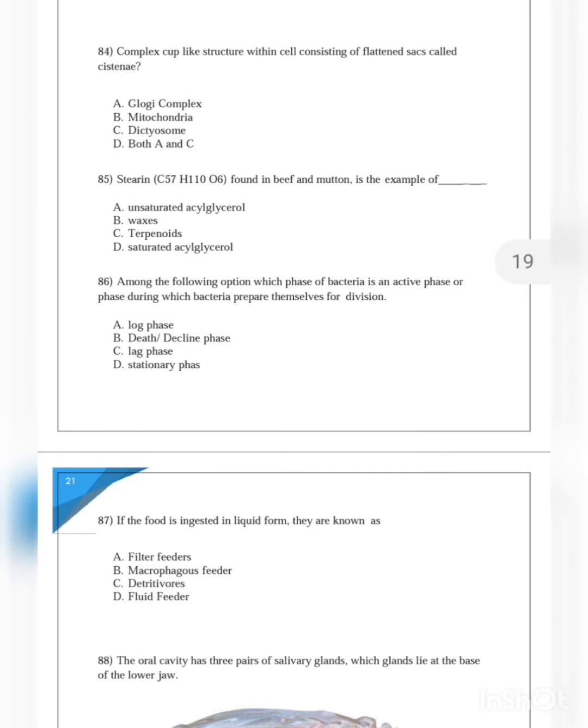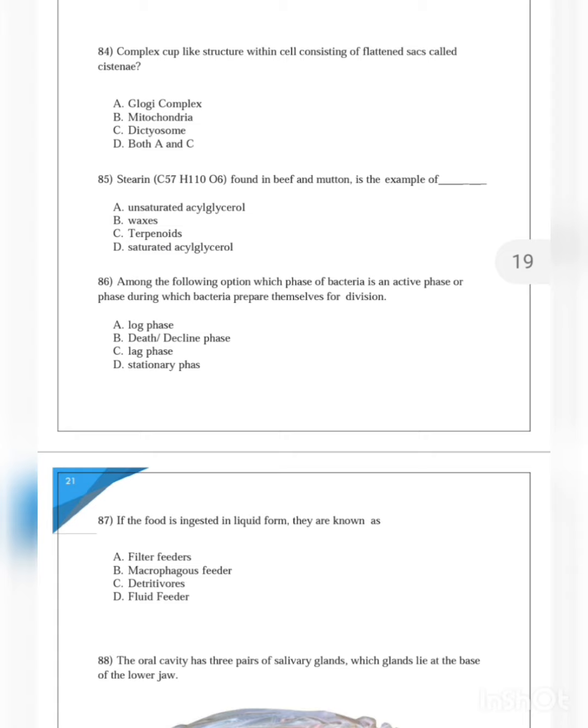Among the following options, which phase of bacteria is an active phase, during which bacteria prepare themselves for division? As you know from the bacteria population, there are three phases. First one is the lag phase. Then the log phase, where the population increases enormously, and then comes the declining phase.